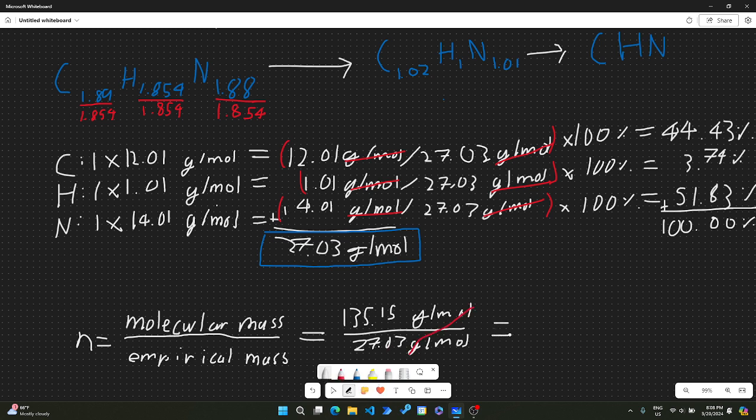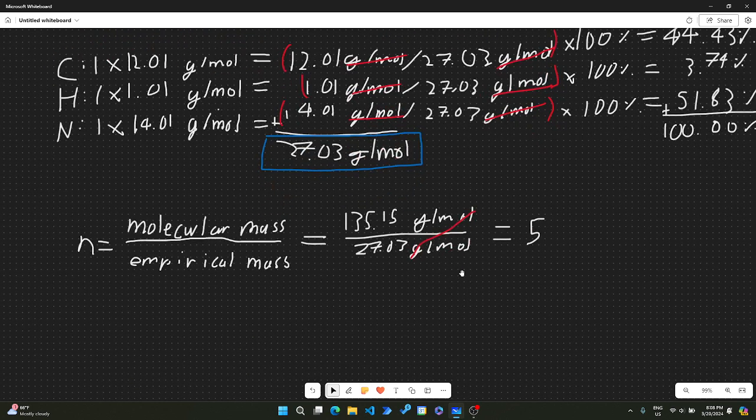So this is going to be equal to exactly 5. But in most cases, you will get something like 5.001 or 5.2 or like 4.8, something like that. But n must always be a whole number, so just round to the nearest whole number.